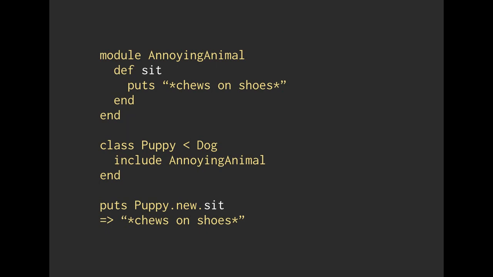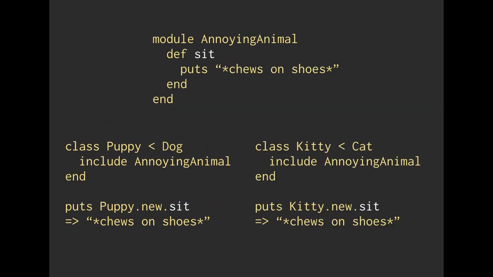And it's going to say, yes, we do. So then we can call that method, and it's going to chew on your shoes. So you get this puppy, you bring it home, you love it, and then it chews on your shoes. It happens.